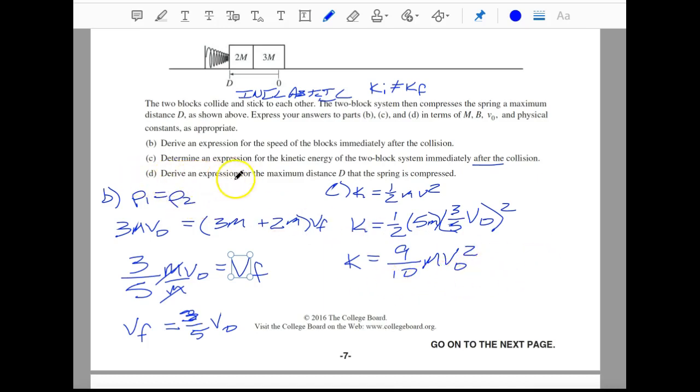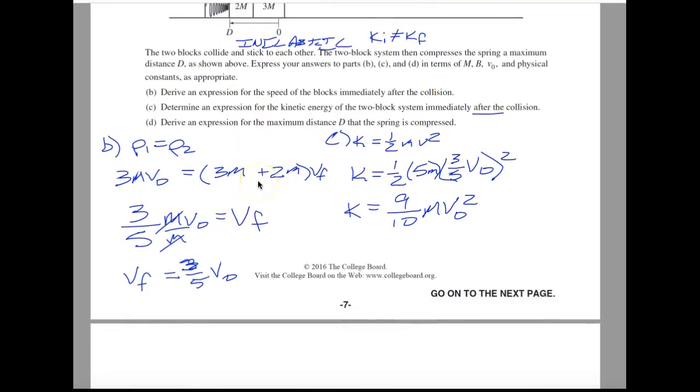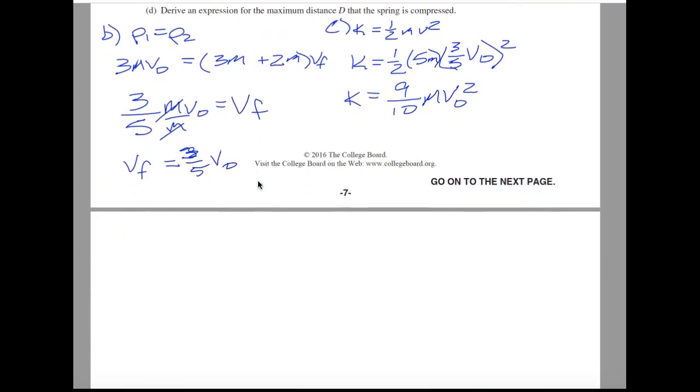Part D wants us to derive an expression for the maximum distance d that the spring is compressed. To do that, we need to move down here to this blank page.